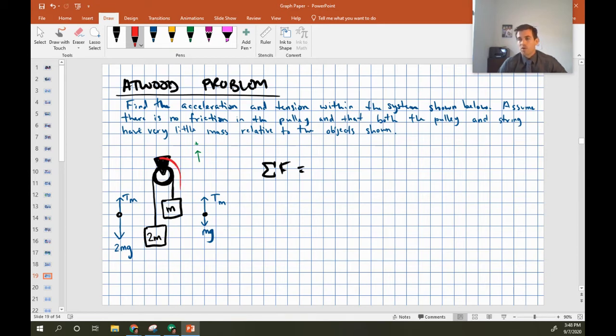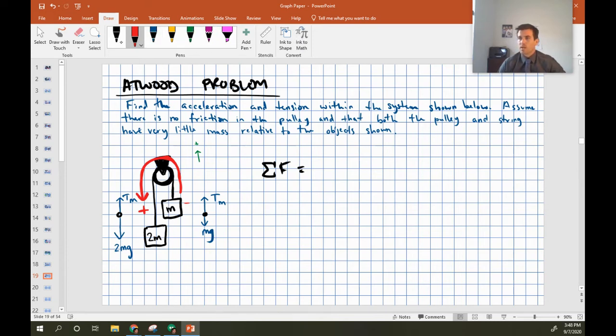So my coordinate of motion goes like this. It's going up on the right side and down on the left side. And I'm going to define anything going in this direction, which I guess is counterclockwise, I'm going to call positive, and anything that goes the opposite direction negative as I set up these forces in my net force equation.